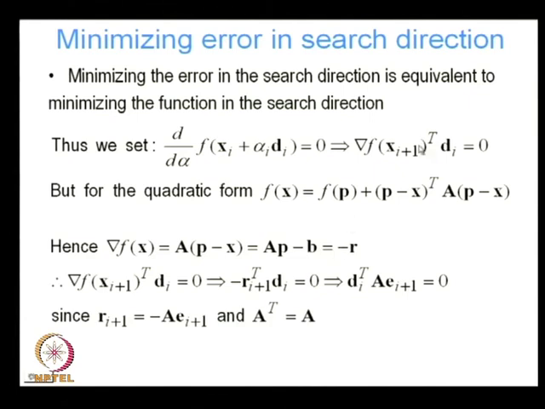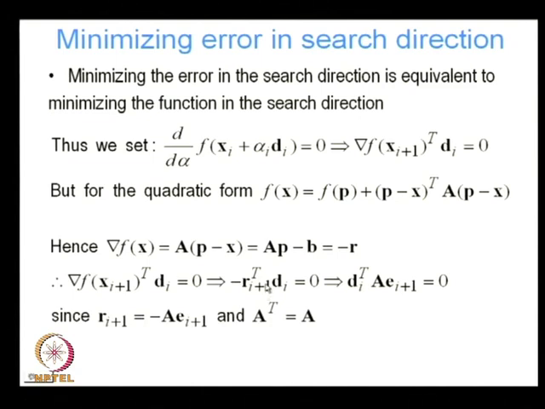So, basically what this condition is saying is that the gradient of f at x_{i+1} is equal to the negative of the residual at i+1, and that is orthogonal to d_i, which basically means that d_i dotted with A e_{i+1} equals 0, because r_{i+1} is equal to A e_{i+1}, right. So, what do we see from this?